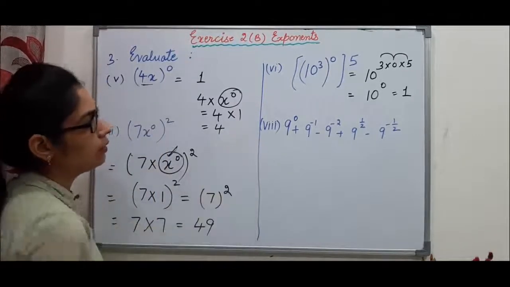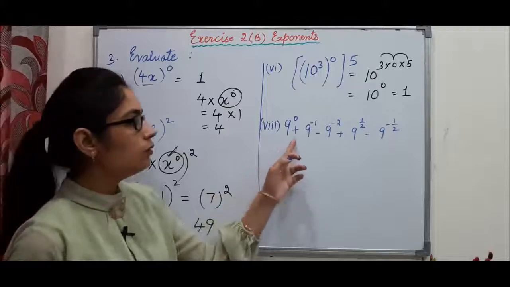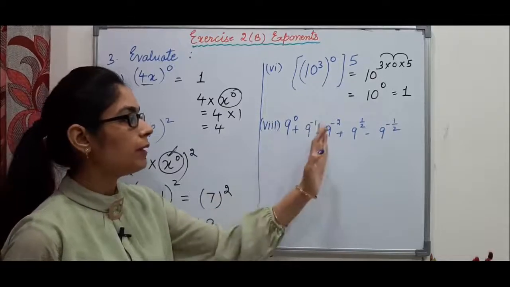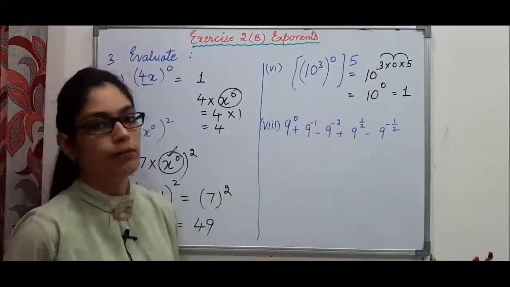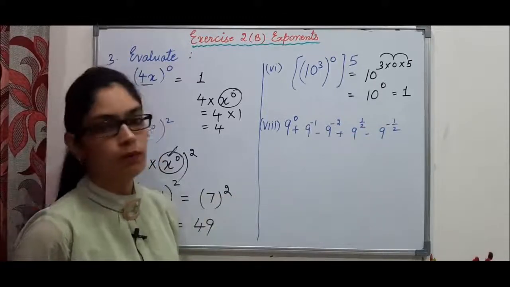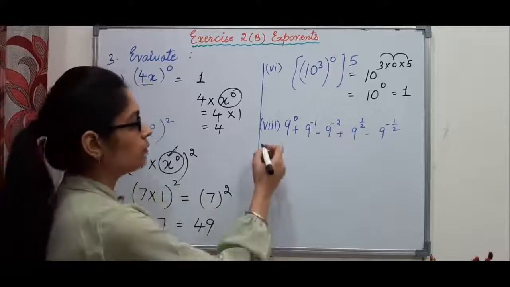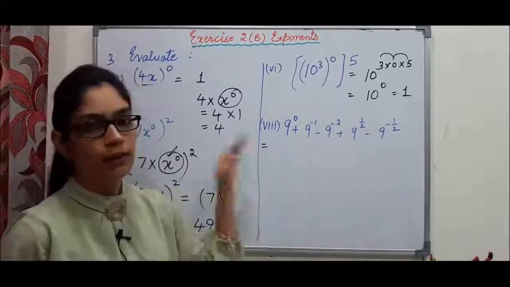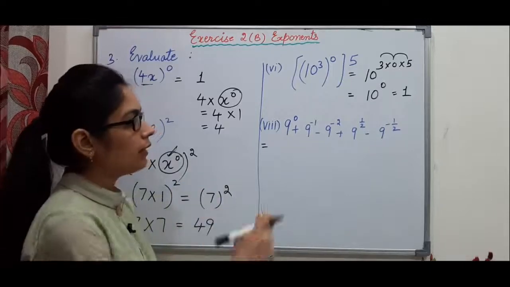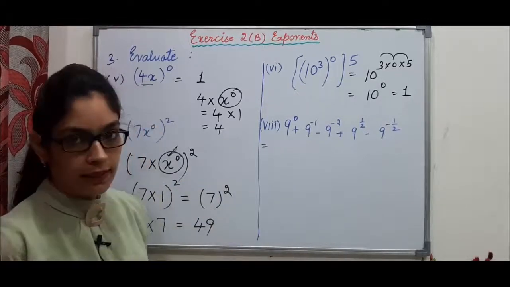In the last part, 9 to the power 0 plus 9 to the power minus 1 minus 9 to the power minus 2 plus 9 to the power 1 by 2 minus 9 to the power minus 1 by 2. So what we can do, all the nines we can convert into exponential form.